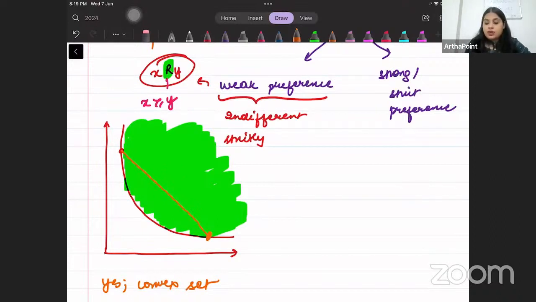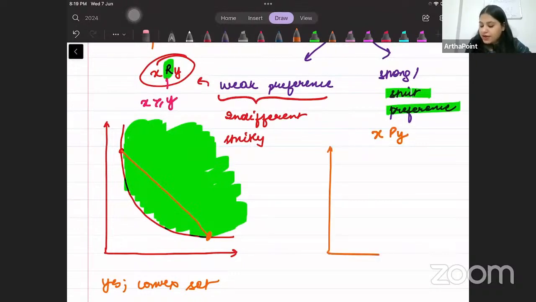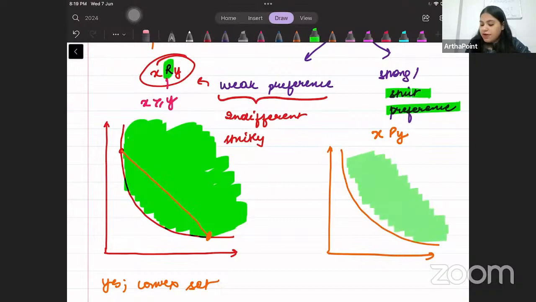But now, if I take strict preference, it means that I am taking X P Y. I will only take those points which are strictly above my indifference curve, but not on the indifference curve. So I will be including all points above the IC, but not on the IC.